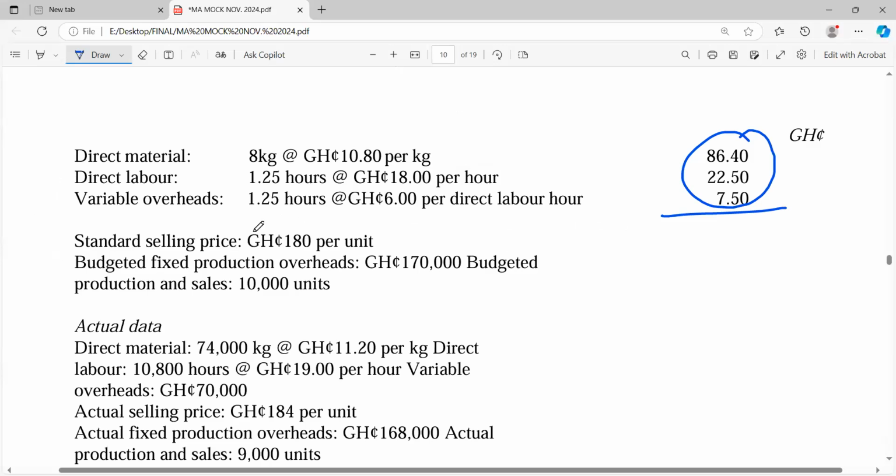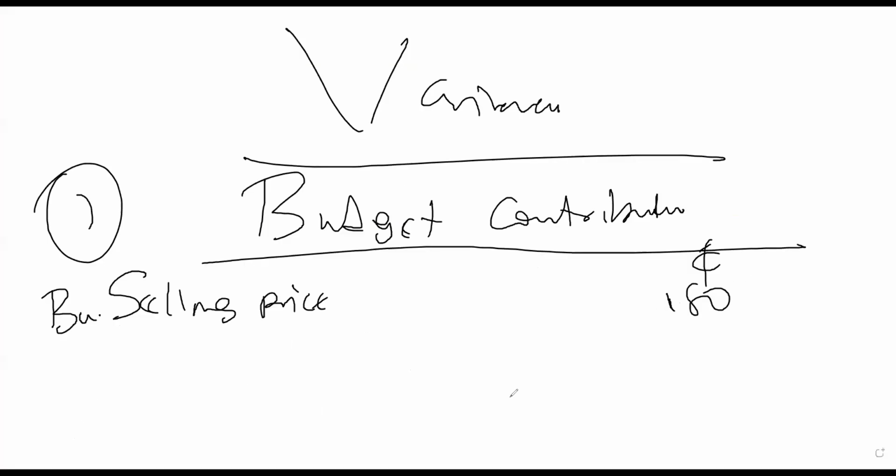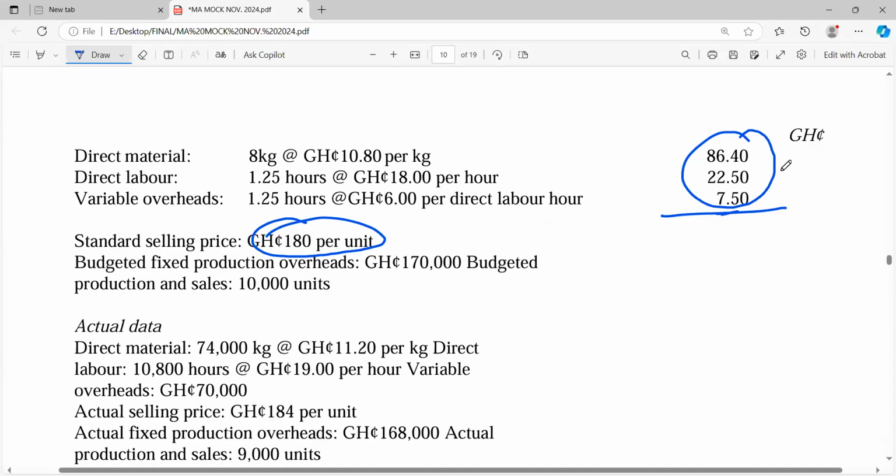Standard selling price is here, 180. Less variable cost. Open a bracket, add all the variable costs together. If you add all, you get 86.4, 22, 7.5. Answer.